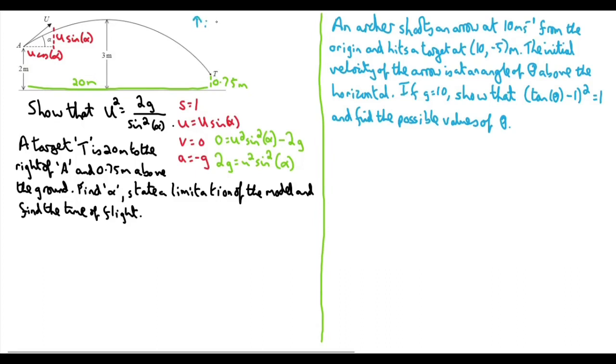So in the vertical, we can say that to get from A to T, to be clear, because that's a known endpoint again here, we would be going from a height of 2 meters to 0.75 meters, so that's a displacement of minus 1.25. Your u in the vertical is going to be that u sine alpha. The v we don't know. A would again be minus g, and t, right now we can just say it's t. We don't know what time it'll take.